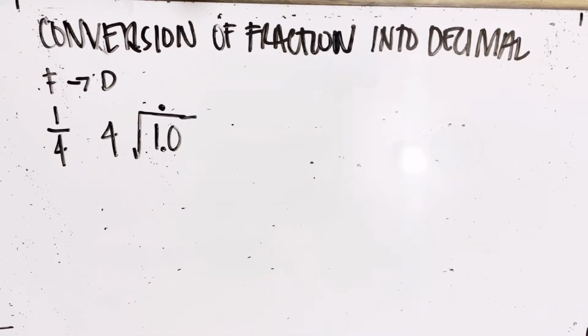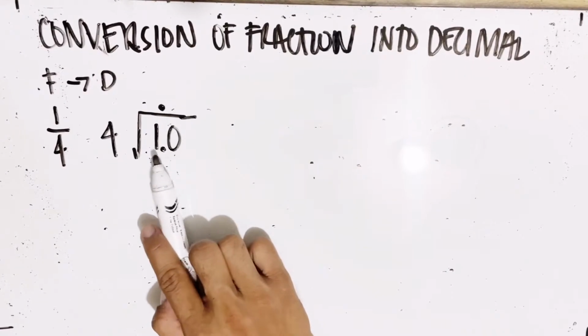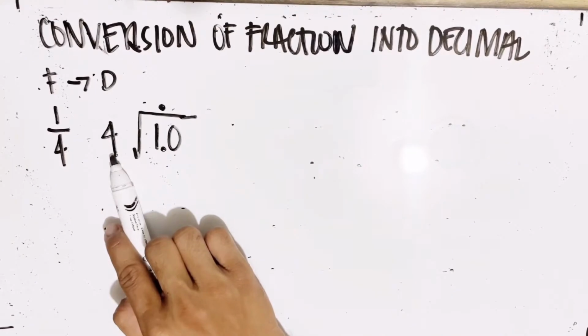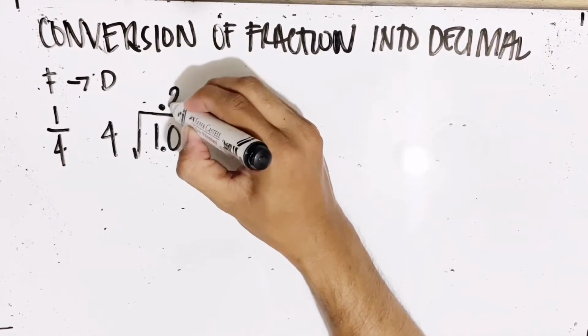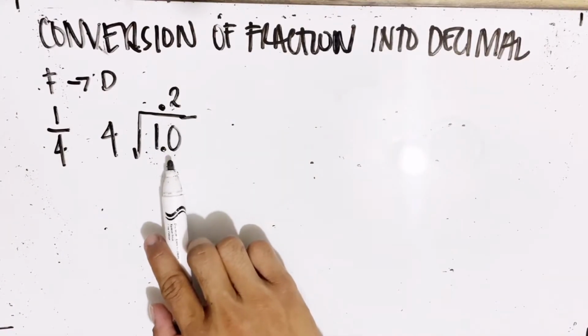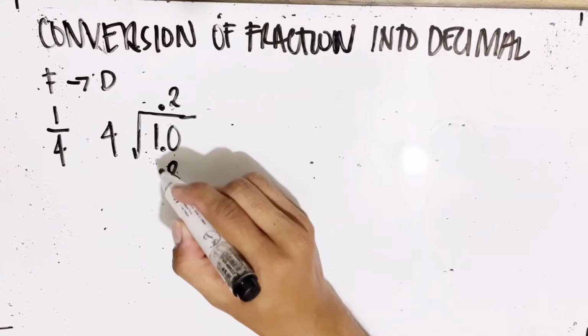Next, 1 becomes 10. So 10 divided by 4 is 2. And 2 times 4 is 8.